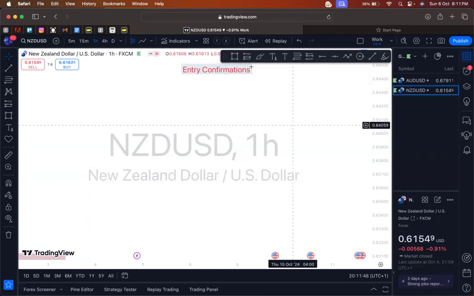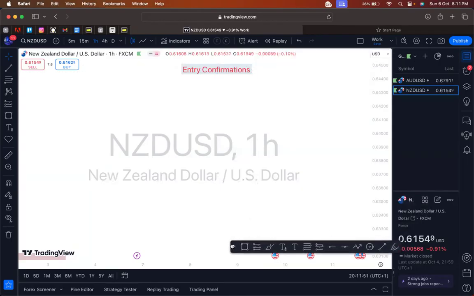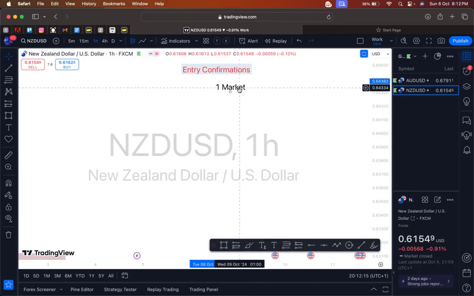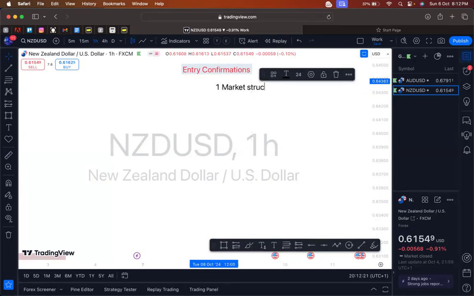So now, in the markets here, no matter the type of trader you are, there are two confirmations that we can look out for, or all the confirmations we look out for can be grouped into two. First, we have market structure confirmations.